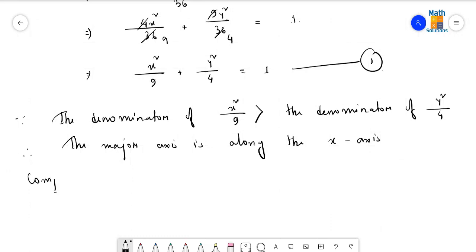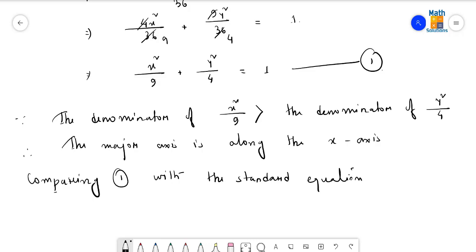So we have to compare this with the first standard equation. Comparing 1 with the standard equation. What standard equation? X square by a square plus y square by b square equals to 1.